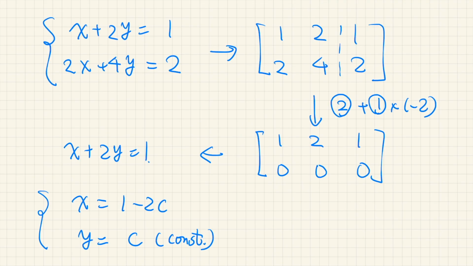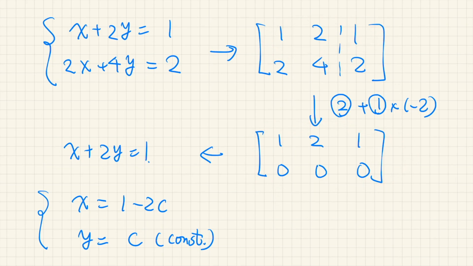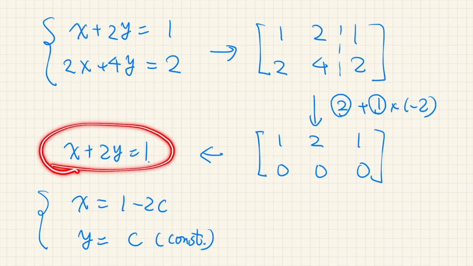The second example is this set of equations, which can be translated into this augmented matrix. To the second row, if we add -2 times the first row, we get this, which is already in the reduced echelon form. The last row is only zeros, and the first row is this. So we have only one equation.